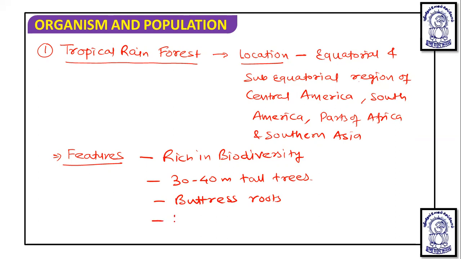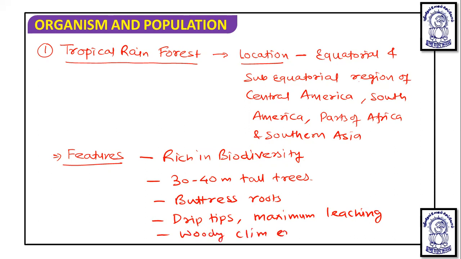They have drip tips, maximum leaching, and woody climbers and epiphytes are found here in the tropical rainforest, the first biome of the world.